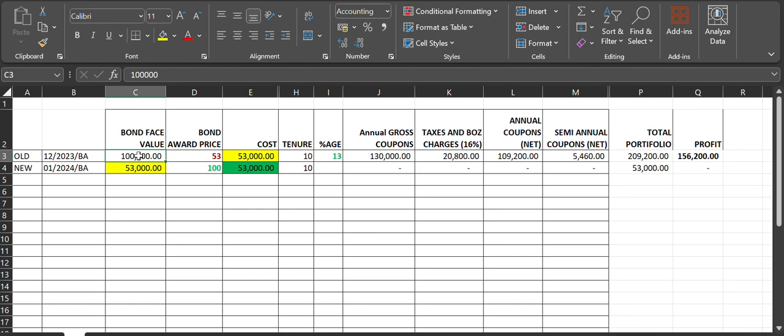This 100,000 kwacha you only get after 10 years. But every 6 months for the next 10 years, you get 5,460. And then after 10 years, you come and get your 100,000 kwacha.